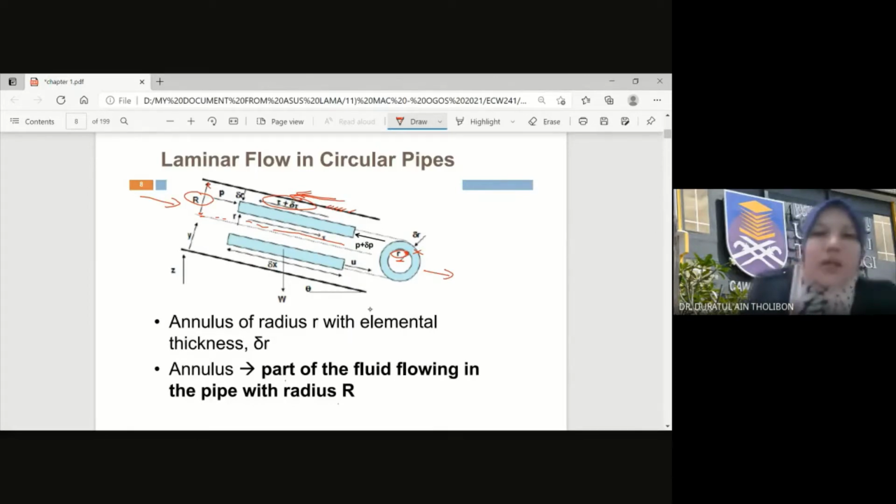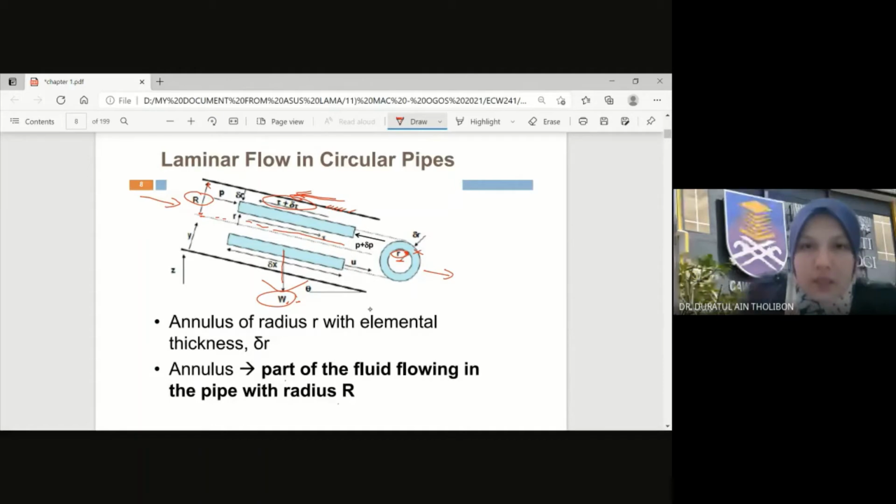We also have the weight of the water molecule. Air pun ada berat, so berat itu akan menghalang dia untuk bergerak towards the gravity direction.